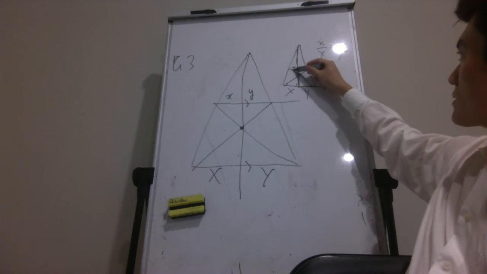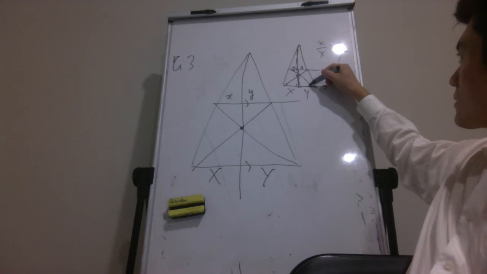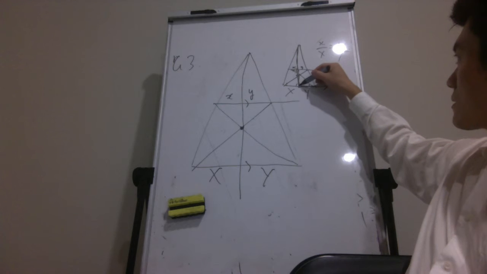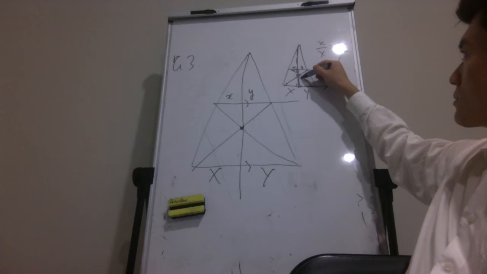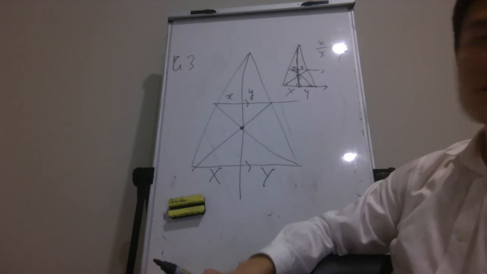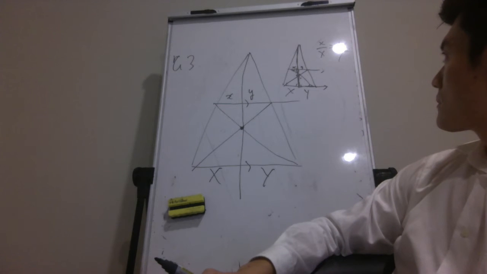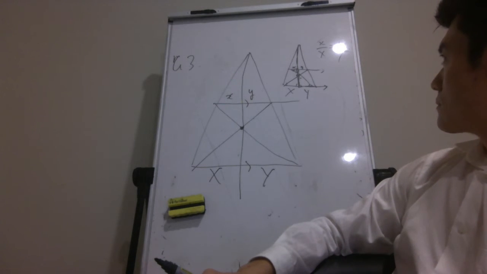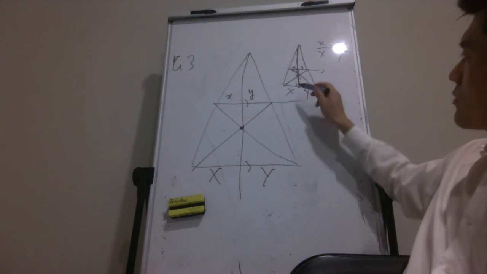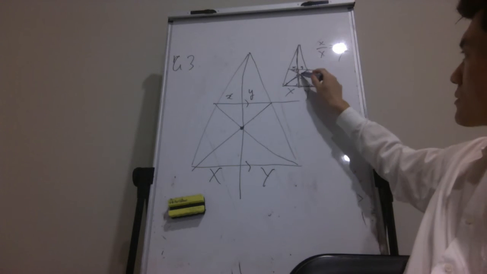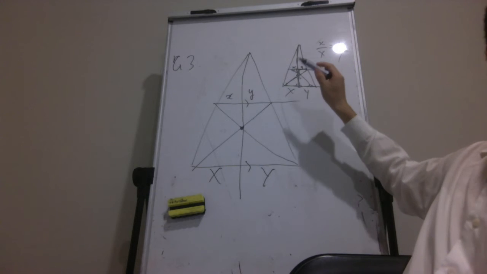Because these angles are equal because they're alternate angles, right? And same with this one. And I mean, you only need two, but these are vertically opposite as well, yeah? So they're similar, yeah? And so for the same reason, the other ones are also similar, yeah?